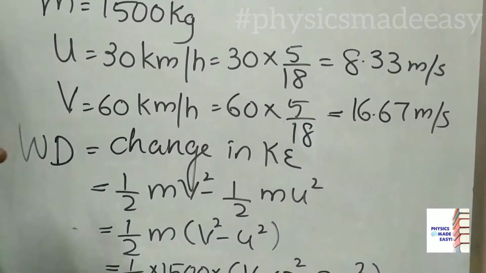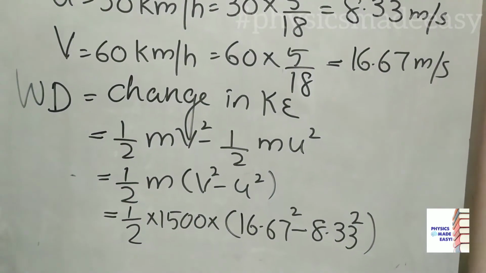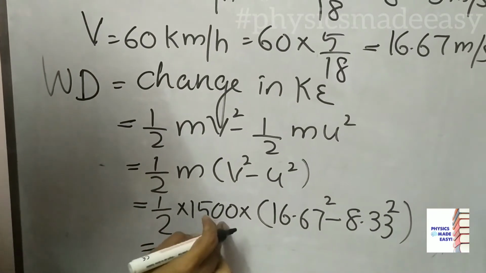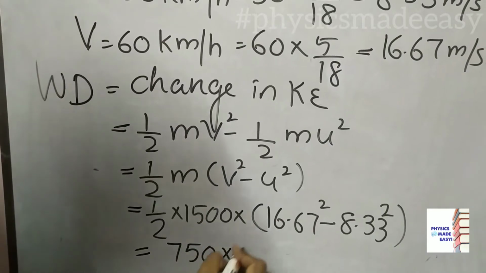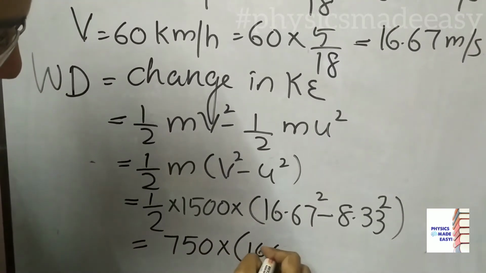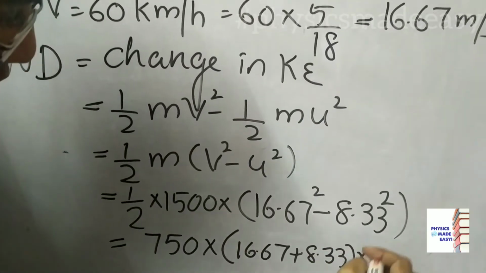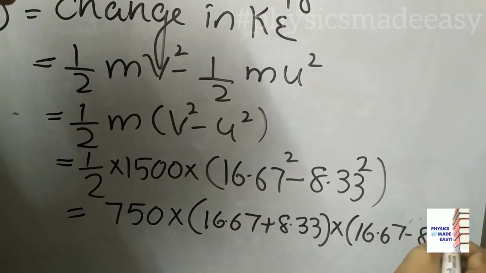What you can do here, you can apply that a square minus b square is equal to a plus b into a minus b. So here 1500 divided by 2, you can write 750 into 16.67 plus 8.33 into 16.67 minus 8.33.